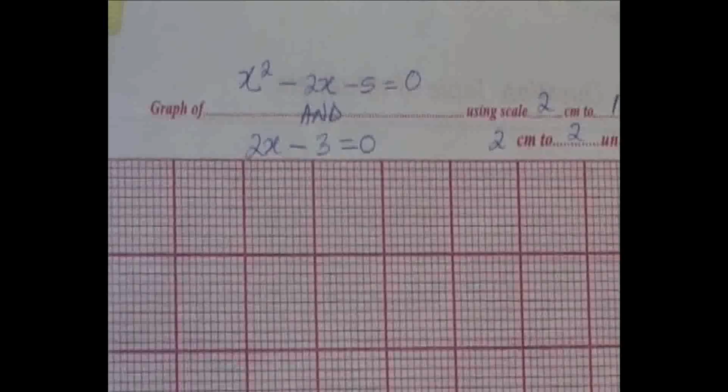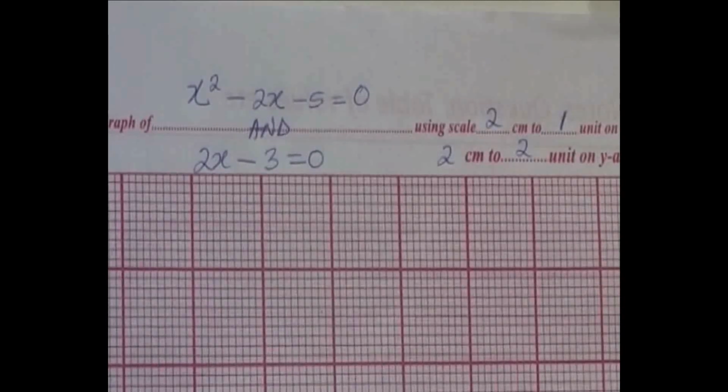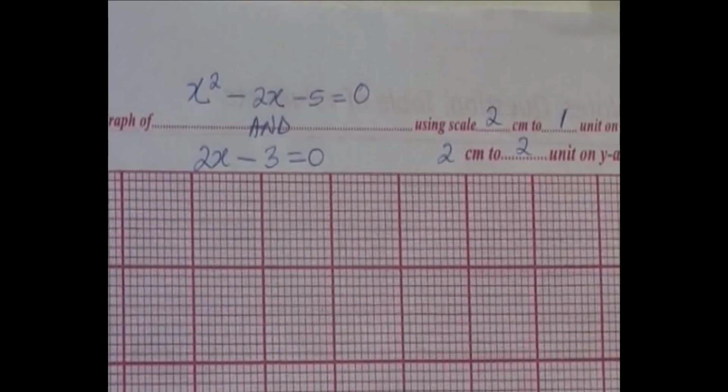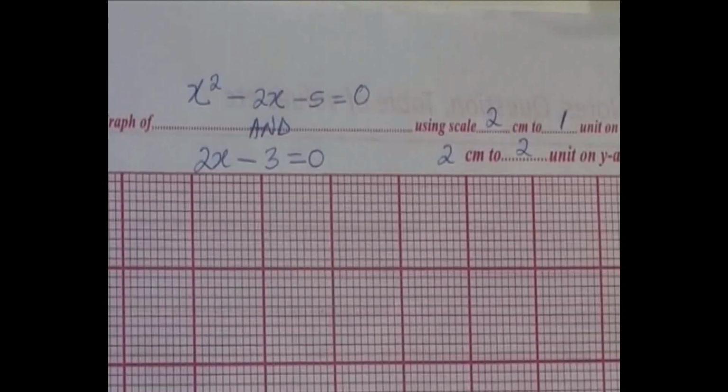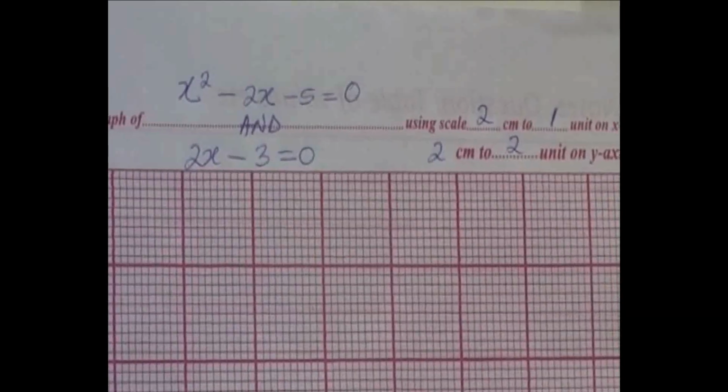You can see it on the screen. On top of it, it reads graph of x squared minus 2x minus 5 is equal to 0 and 2x minus 3 is equal to 0. That is the simultaneous linear and quadratic equations.